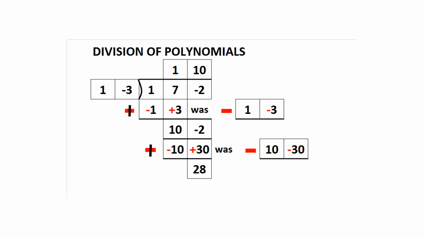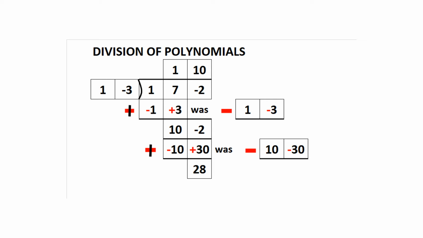Now we ask ourselves the question, what times 1 gives you 10? 10. 10 times 1, 10 times negative 3. As we look on the right, it was 10 and negative 30, and we will subtract this, but we will apply the negative inside the tuple, so we have negative 10, and a negative of negative 30 is a plus 30. So when we add them, the 10 and the negative 10 go away, and negative 2 and 30 gives 28 for the remainder.